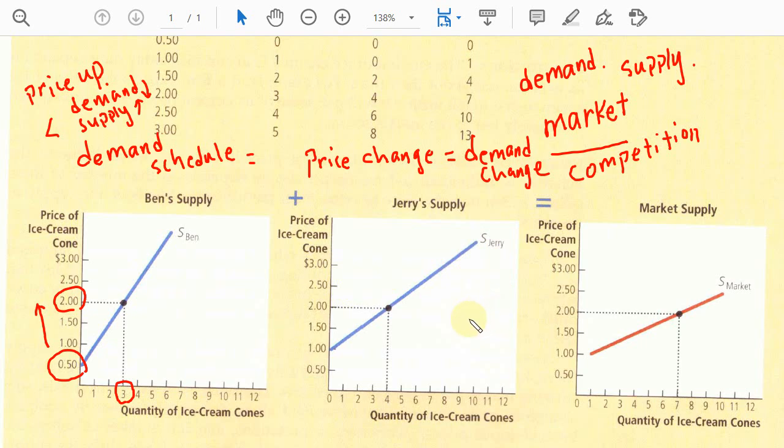We can see that supply increases as the price goes up.